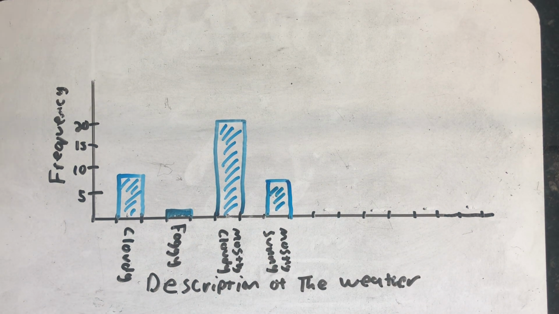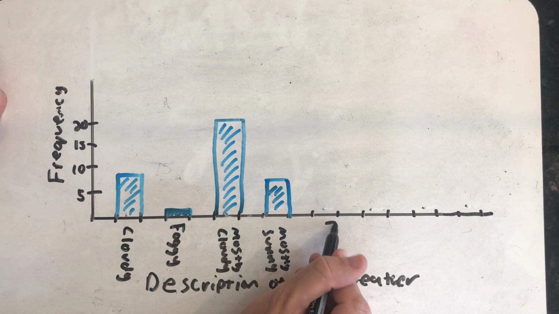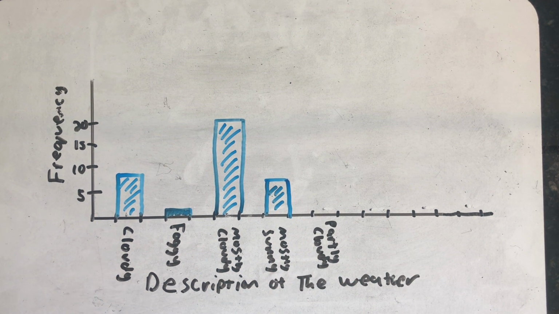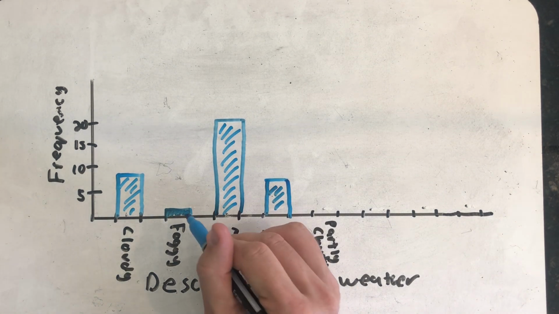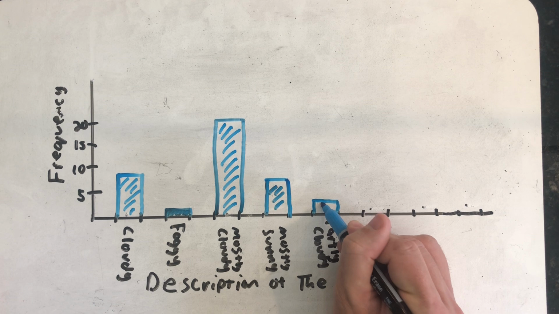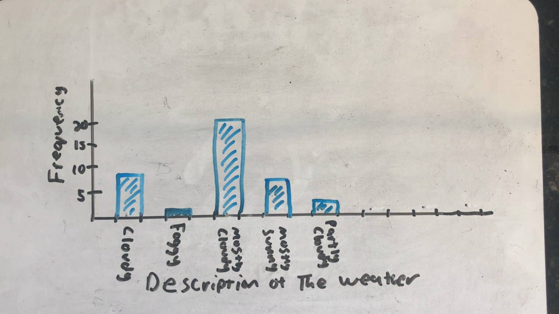After the mostly sunny days, there were 2 partly cloudy days. So that should be just twice the height of that one. So we're just going to say about there. Then after that, I have 3 types of weather that all just occurred once.